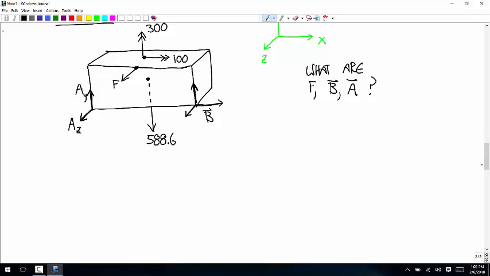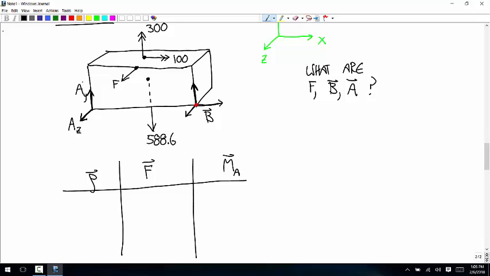So for an about point, what do you want to choose? There are 3 unknown force components at B, so let's put it there. Okay, so rho, force, moment. We're just going to have to go through all these. I'll start with the weight force.